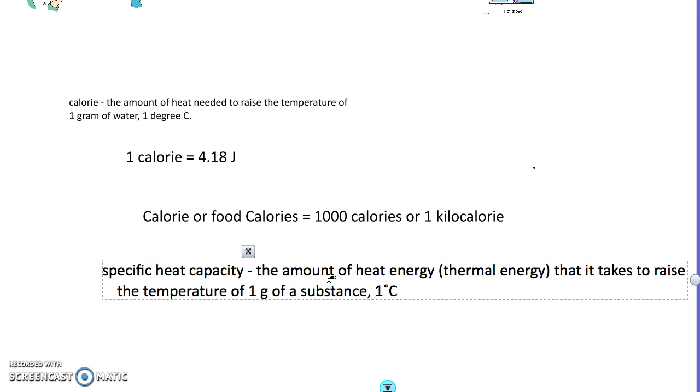All right. Or, since they're the same, it could also be 1 Kelvin. So either 1 Kelvin or 1 degree Celsius.